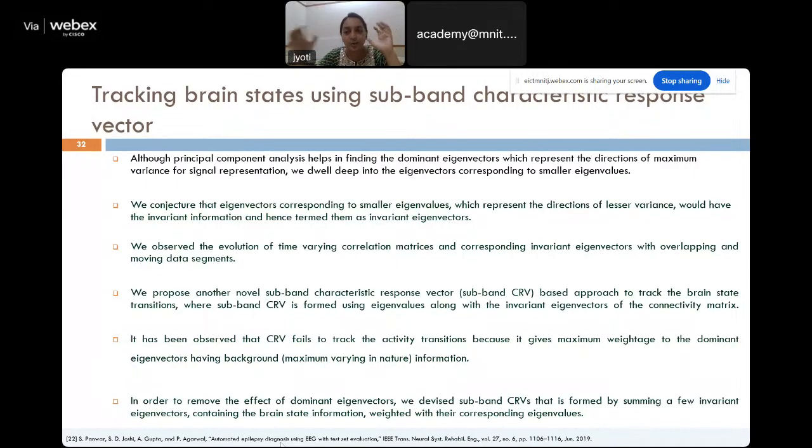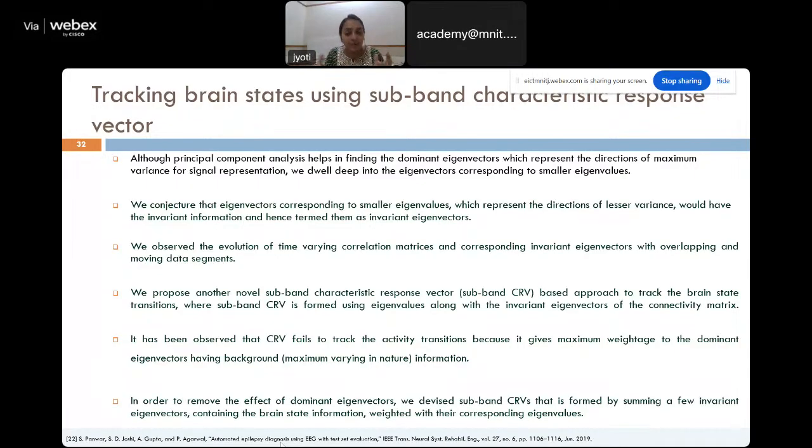Generally we project onto the directions of maximum variance, and we discard the smaller eigenvalues and eigenvectors, thinking they will just be noise. Similarly, the least dominant eigenvectors, corresponding to the smallest eigenvalues, represent the minimum variance directions. Minimum variance may also represent the invariant information of the system.